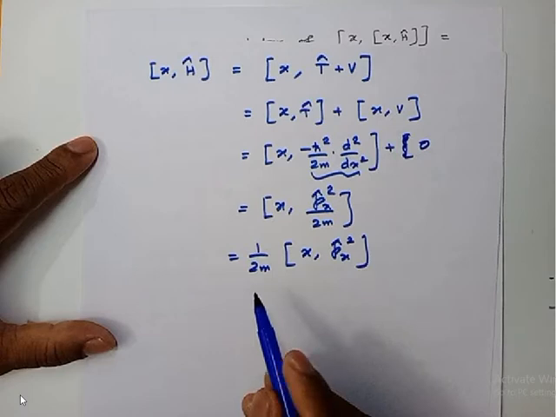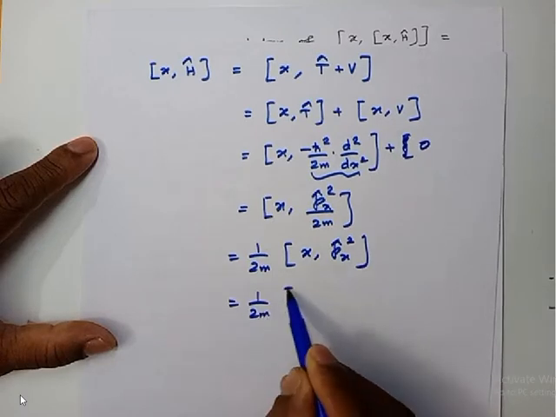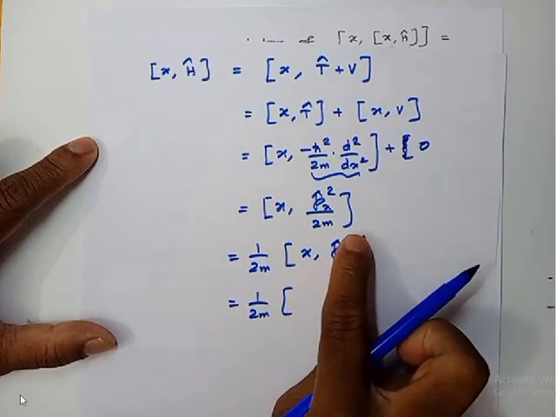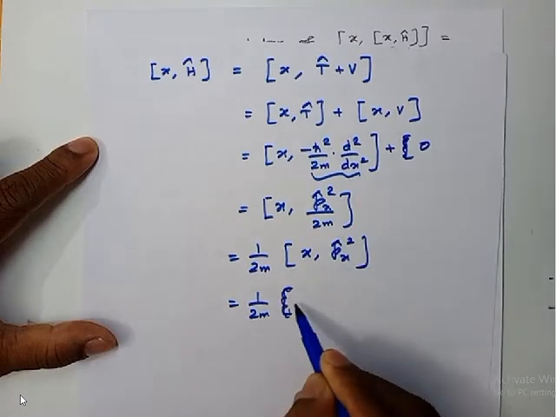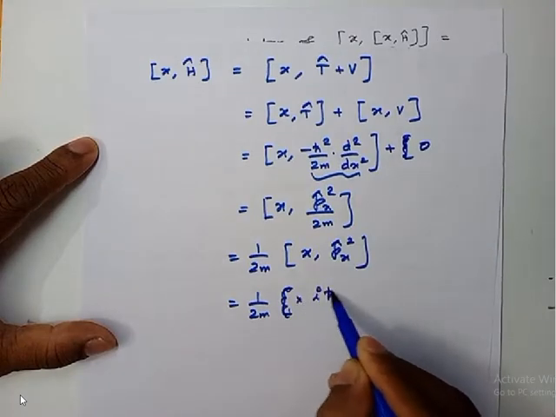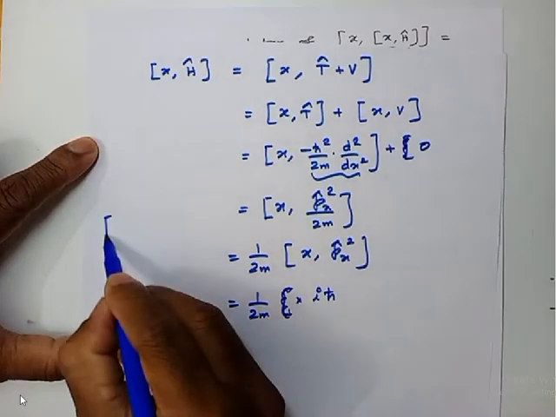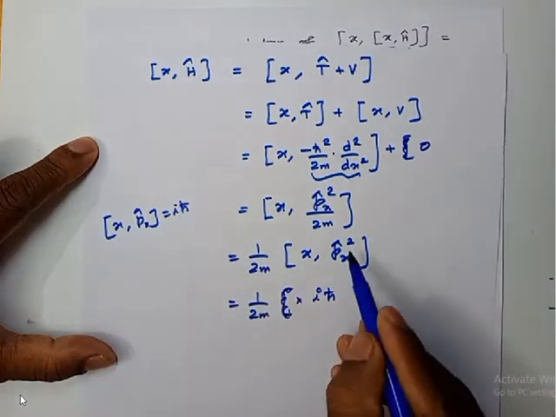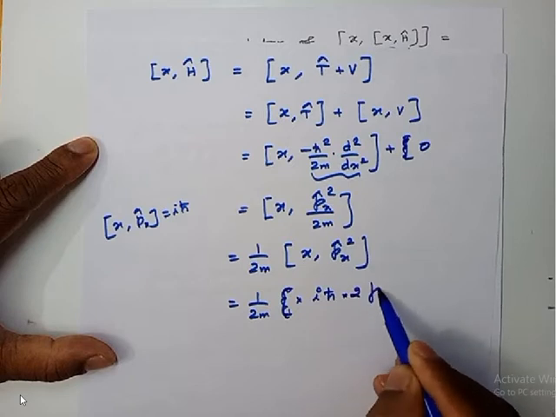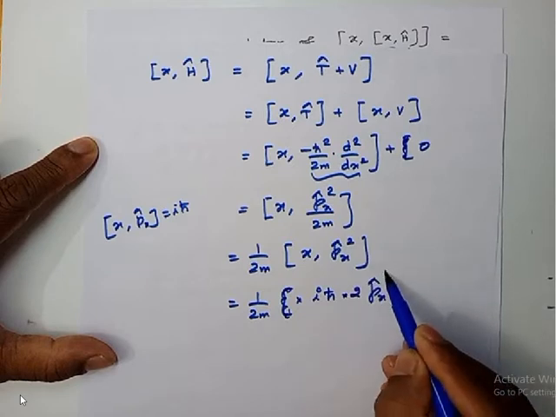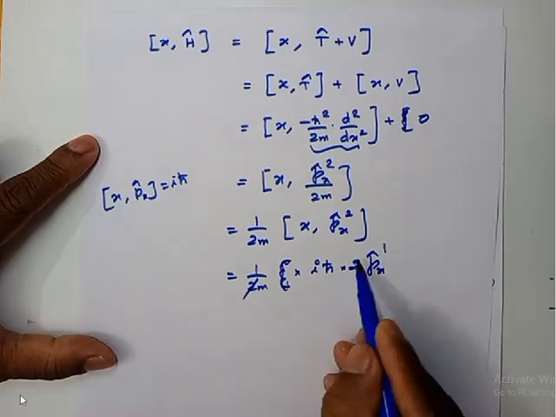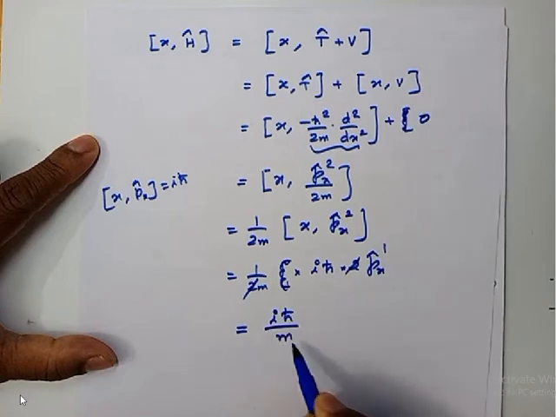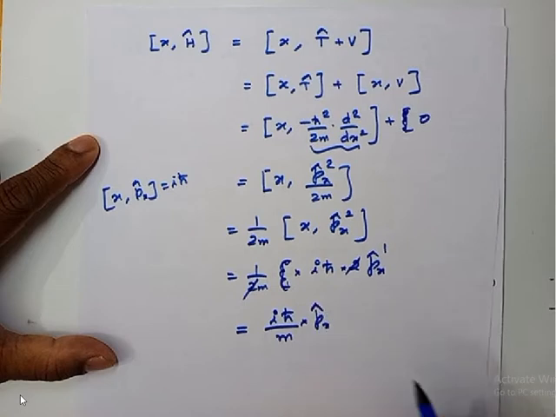This is position, this is momentum, but momentum square is there. Therefore, the value of this commutator is i h bar. You know very well the position momentum commutator value is i h bar. And since the square is there, 2 into px power 2 minus 1, that is px. This 2 and this 2 cancel. So we get i h bar by m into the px operator.